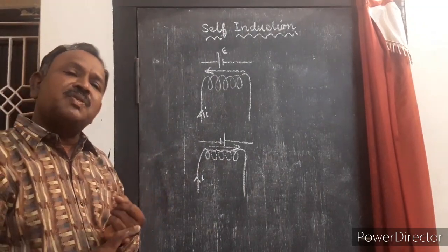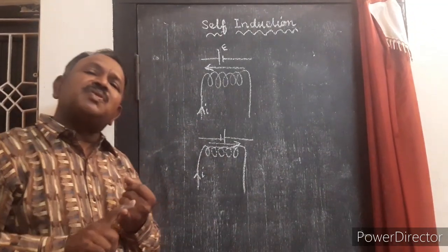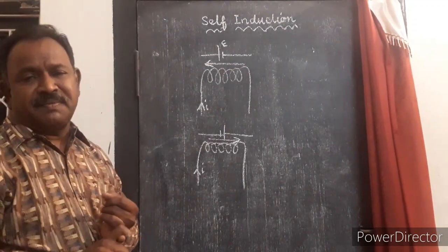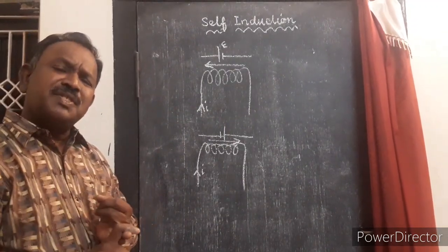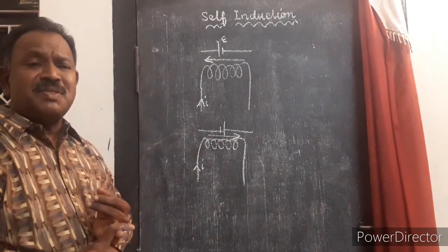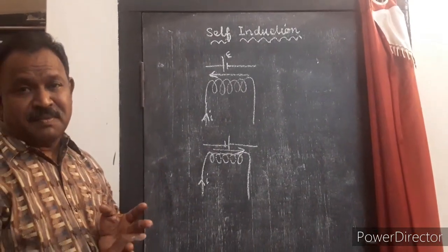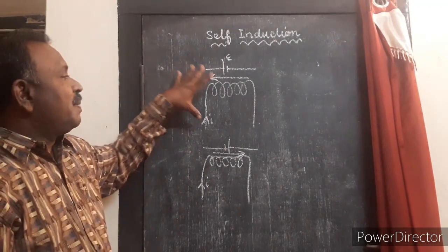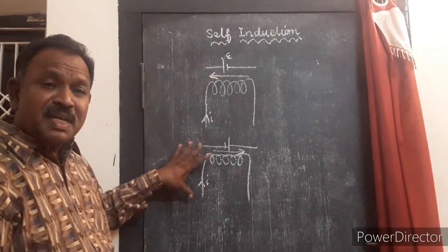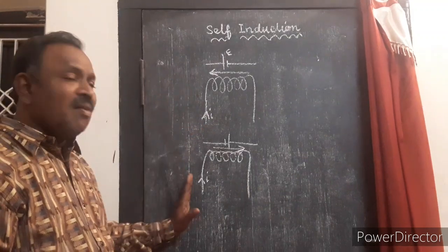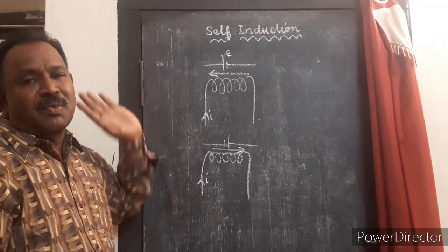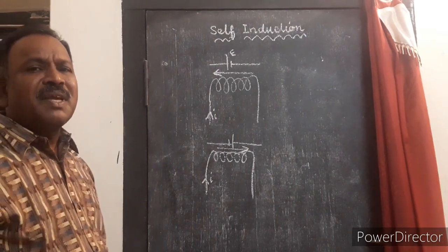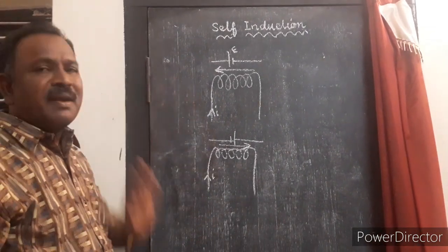In translatory motion, the mass opposes the change, that is called inertia. Similarly, in rotational motion, moment of inertia opposes the change. In a similar way, in an electrical circuit, inductance opposes the growth or decay of current in the circuit. So this is how inductance plays a vital role in an electrical circuit.